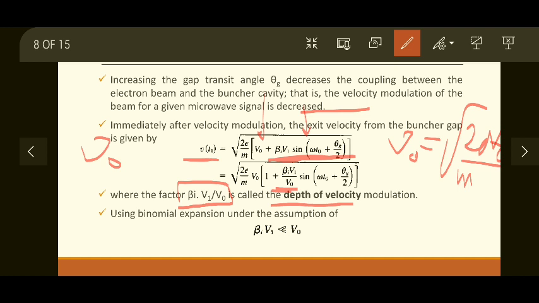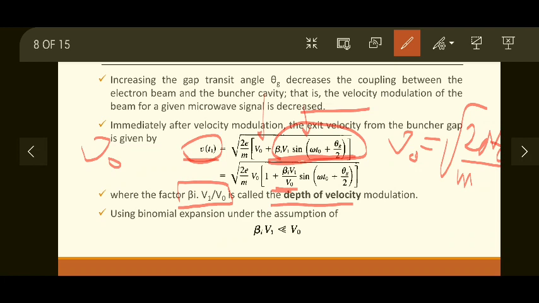Now why are we calling this a velocity modulation? The exiting velocity is greater than the entering velocity, because now the additional microwave input is also part of the exit velocity.